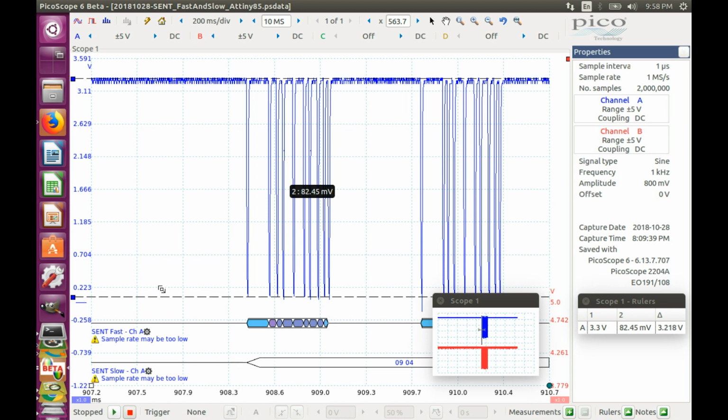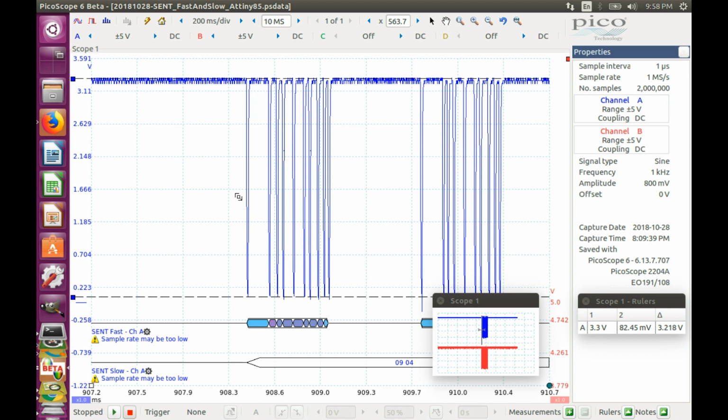The Picoscope thinks that the sample rate of 1 megasamples per second is kind of slow to decode the sent data, and it's kind of, yes, at the boundary. It's still able to decode all the data correctly, so we probably shouldn't worry about it too much, though it can present issues for some other situation when there is more noise on the line.